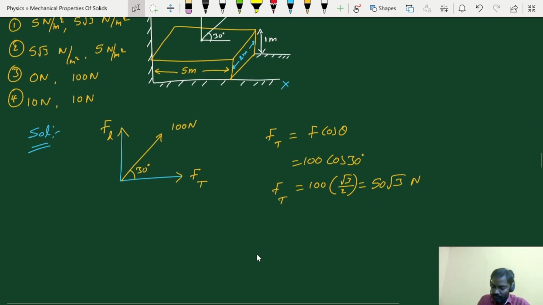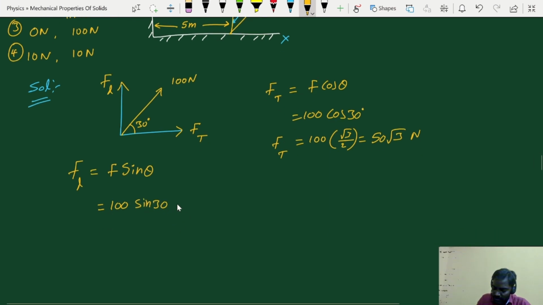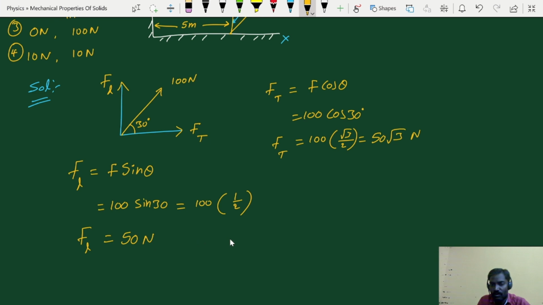And the longitudinal component is F sin theta, which is 100 sin 30. Sin 30 is 1 by 2, 100 into 1 by 2. So the longitudinal component is 50 Newton.